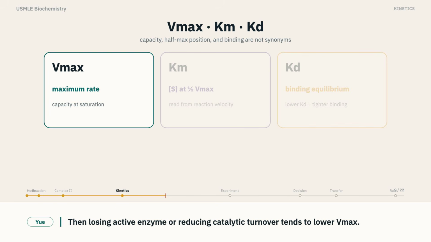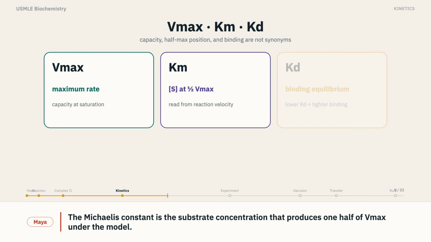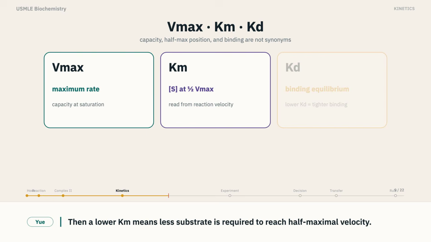Then, losing active enzyme or reducing catalytic turnover tends to lower Vmax. Km is different. The Michaelis constant is the substrate concentration that produces 1/2 of Vmax under the model. Then, a lower Km means less substrate is required to reach half maximal velocity.